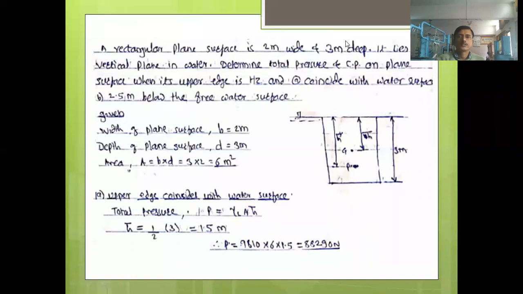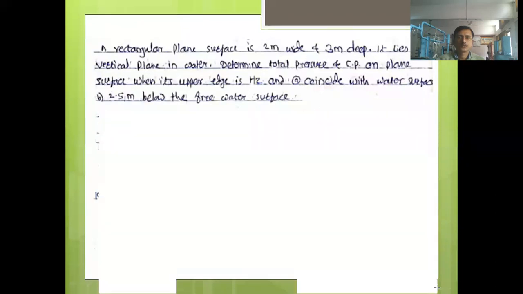A rectangular plane surface is 2 meter wide and 3 meter deep. It lies in a vertical plane in water.